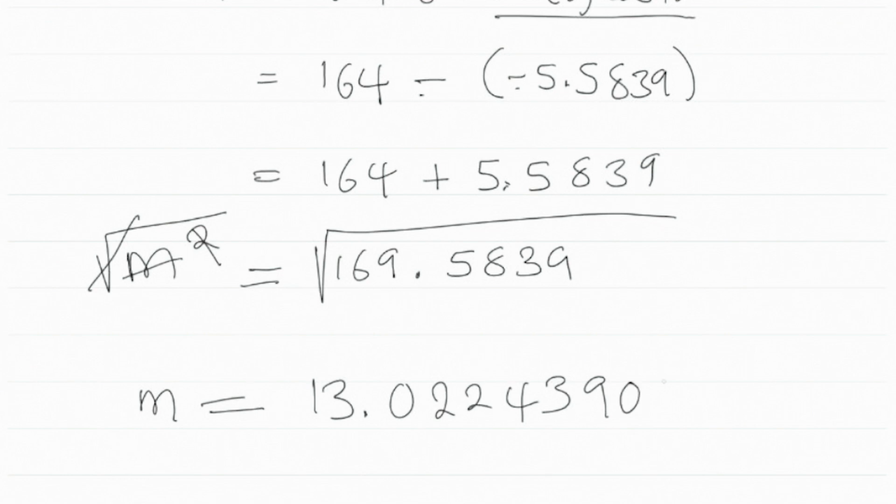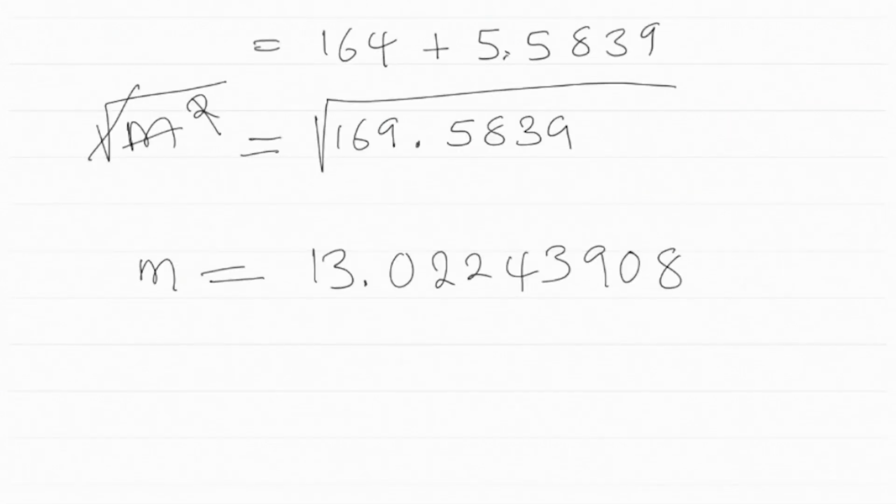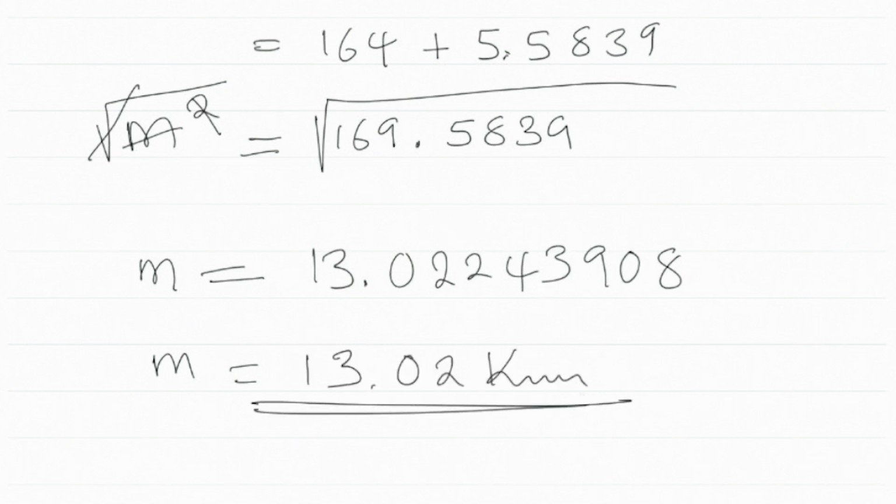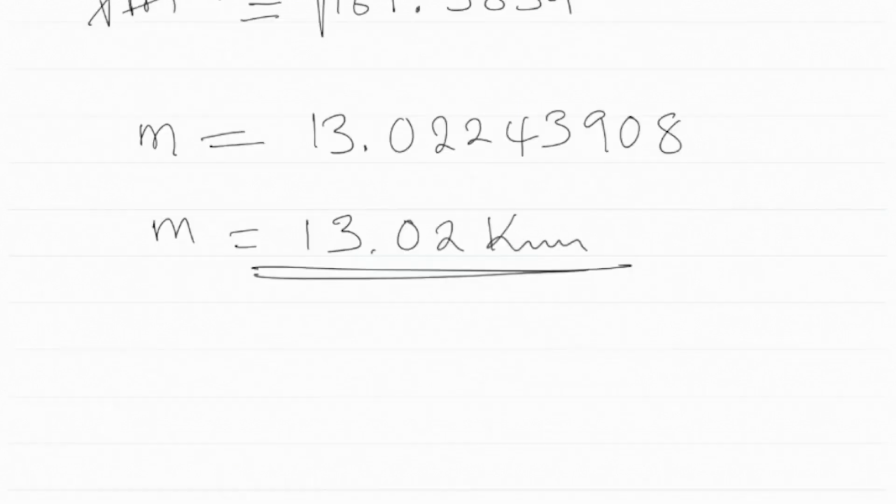Rounding off, we have 13.02 kilometers. So this is the distance between K and N. Or you can simply say m equals 13 kilometers to the nearest whole number.